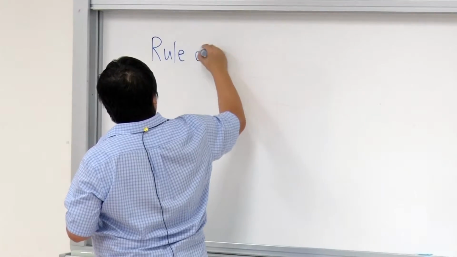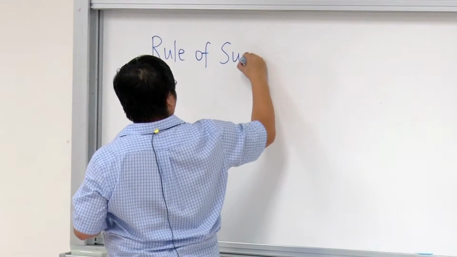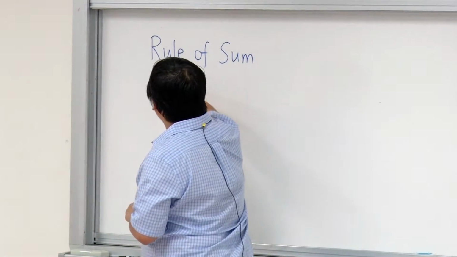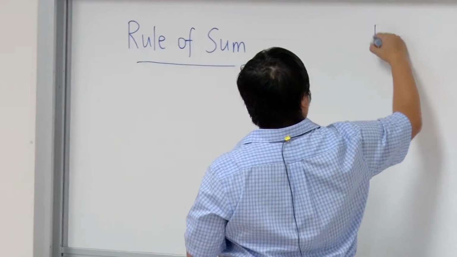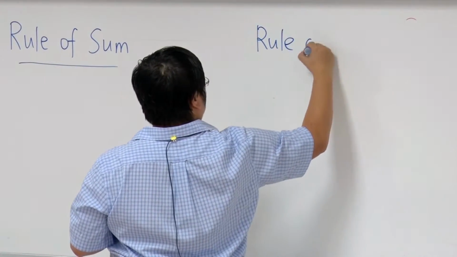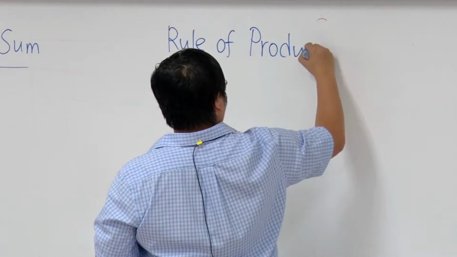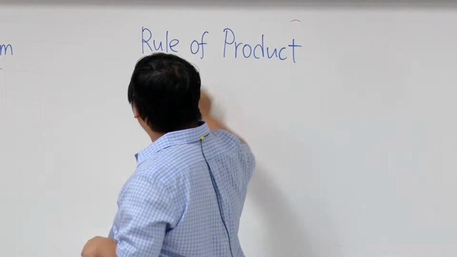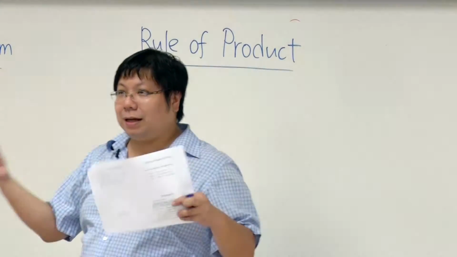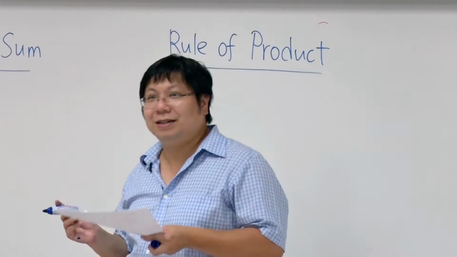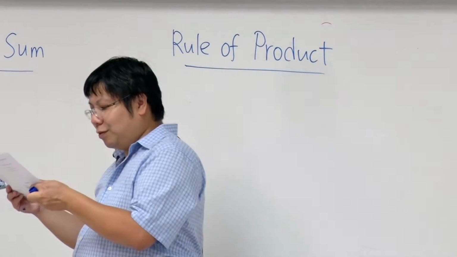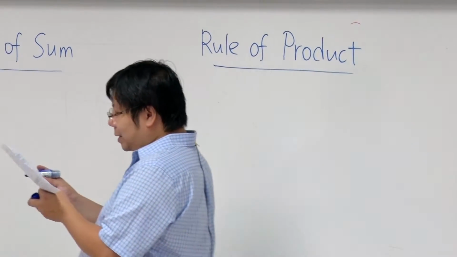One is rule of sum, and the other is rule of product. Sum is like two numbers adding together. Product is like two numbers multiplying together. Okay. So what is rule of sum? Rule of product.